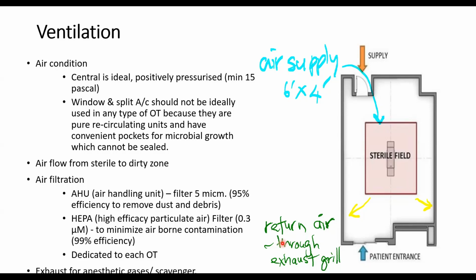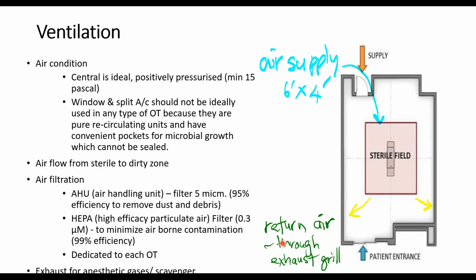The airflow into the operating theater is filtered. Usually, there are 2 levels of filtration. In the AHU, there is a filter which allows particles of 5 micrometers or less to pass through. So this filter will efficiently remove dust and debris.